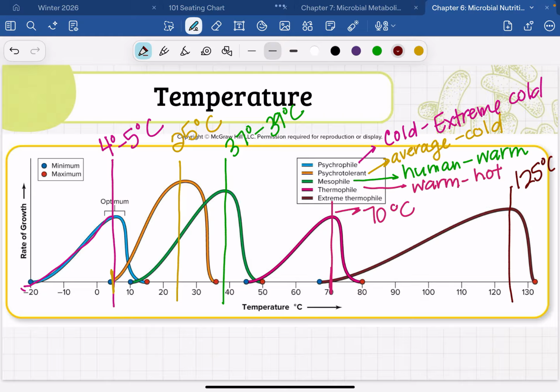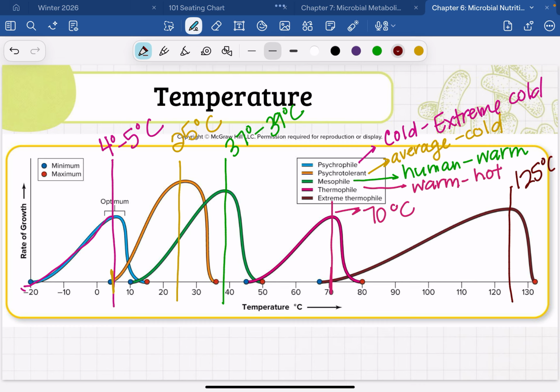There are thermal vents in the ocean where lava basically comes up from the ocean floor, and they're extremely, extremely, extremely hot. They can survive in there. So there are a very few subset of organisms that can survive in those extreme temperatures. There's not very many, but they do exist.